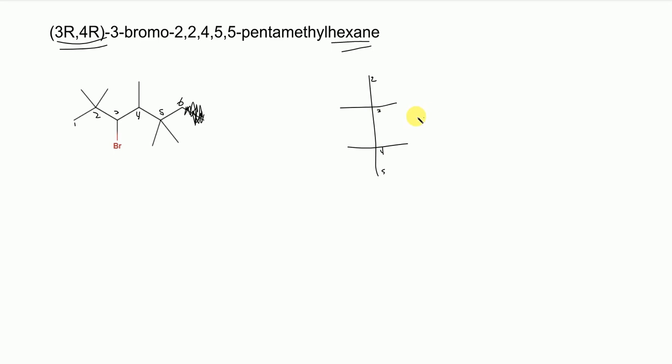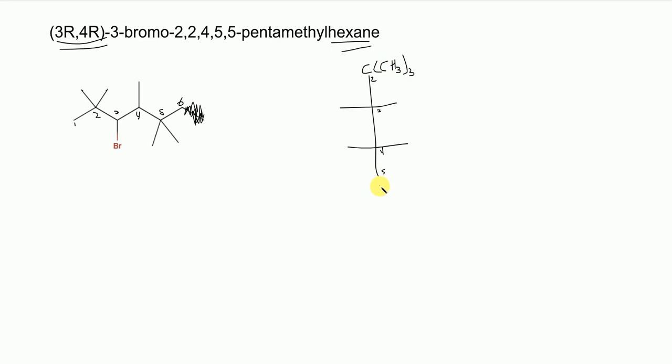On carbon 2, this one right here, it has 3 CH3 groups. So carbon 2 is this one, it's not CH, it's just C, and it's bonded to CH3, 3.